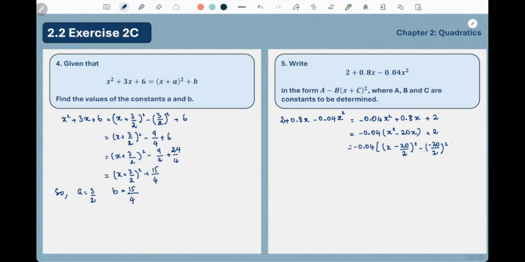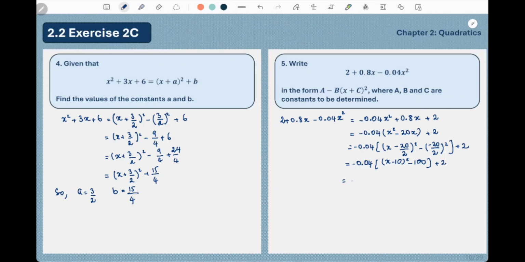I'm going to close my big bracket and add my 2. Don't forget the 2. So now I'm going to simplify: x minus 10 squared minus 10 to the power of 2, which is minus 100, plus 2.